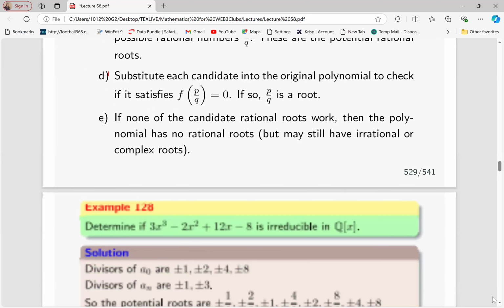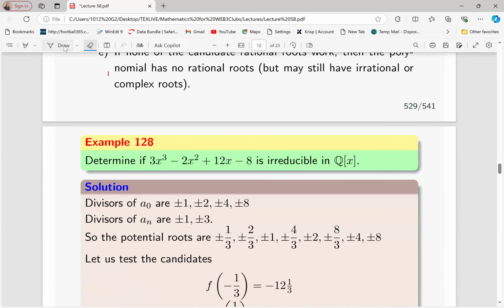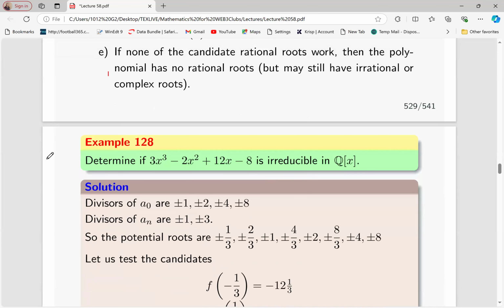So let me take an example of how to use the rational root test. I'm given this polynomial and I'm asked to see whether I can factorize it or whether it's not factorizable.